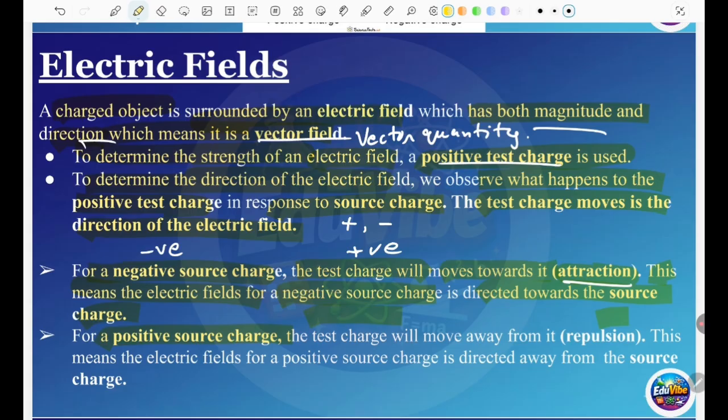Where there is repulsion, it is the opposite. The test charge will move away from the source, as the source is now positive and the test charge remains positive. So the positive charges repel. This means the electric field for a positive source charge is directed away from the source charge, because repulsion happens between positive and positive.